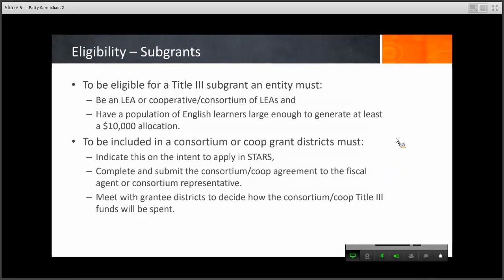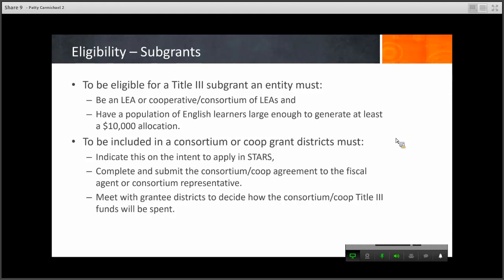Eligibility for the Title III subgrants. At first, you must be an LEA or a cooperative of LEAs or consortium of LEAs together. And if you apply individually as a district, you must have a population of English learners that allows you to receive at least a $10,000 allocation.